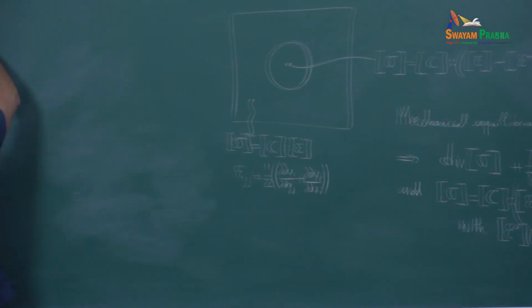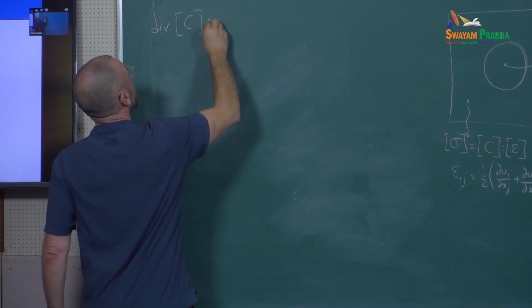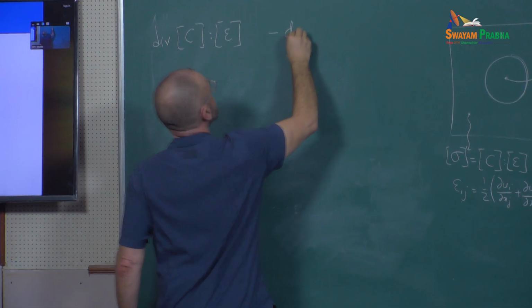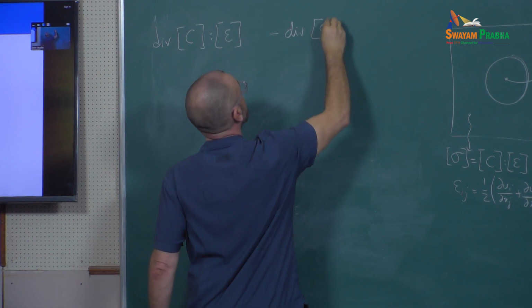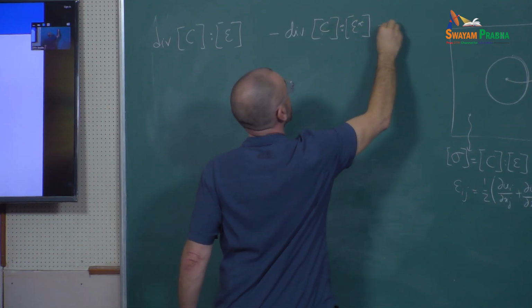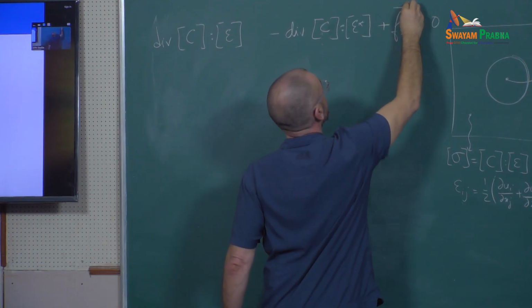So I have divergence of C epsilon minus divergence of C epsilon star plus the body force is equal to 0.